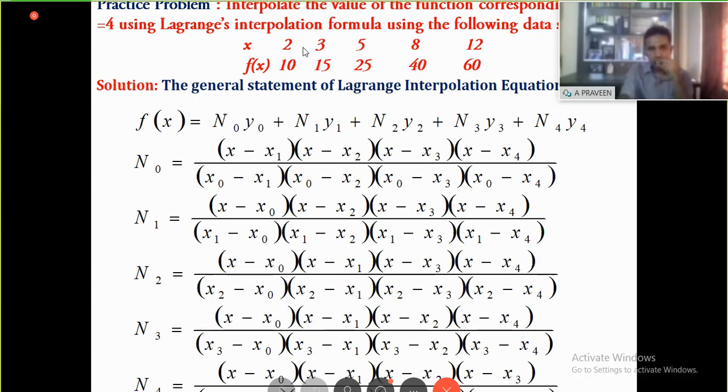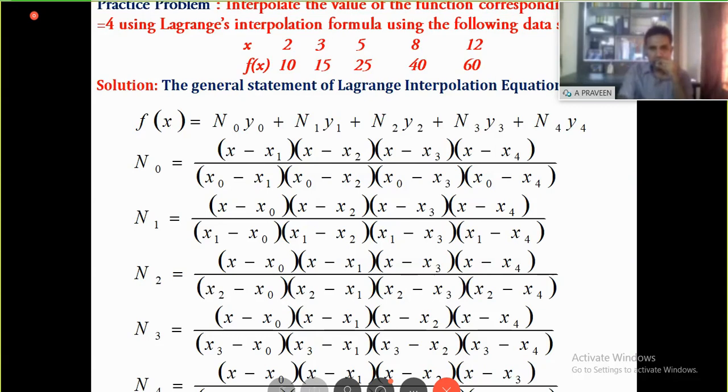You want something between 2 and 3, or between 3 and 5, or between 5 and 8, or between 8 and 12. That polynomial should be able to give you the corresponding f(x) value. So here we use the general polynomial function which we have formulated before.